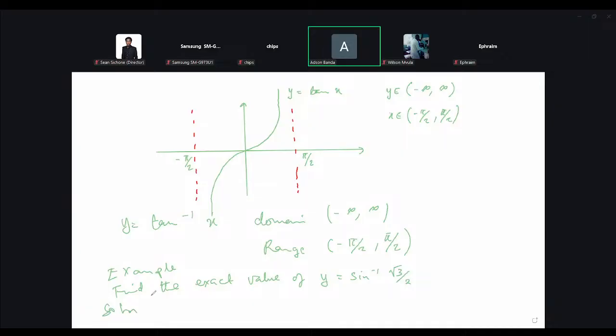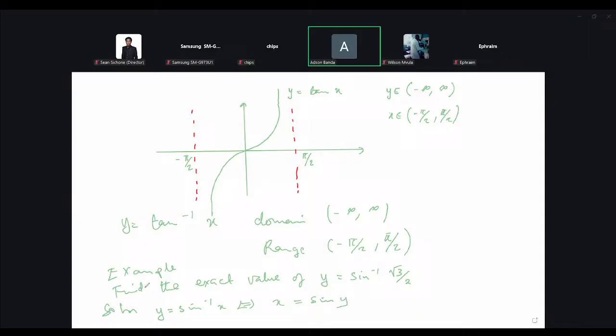Remember that when we said y is equal to the sine inverse of x, this implied that x is equal to sine y.